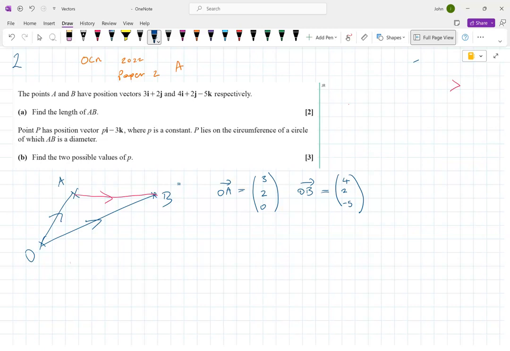So we've got OA, and AB is equal to, using the triangle rule, OA plus AB equals OB, so AB is minus OA plus OB.